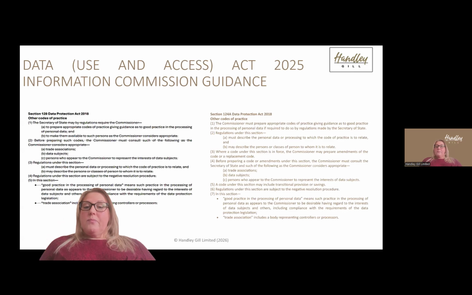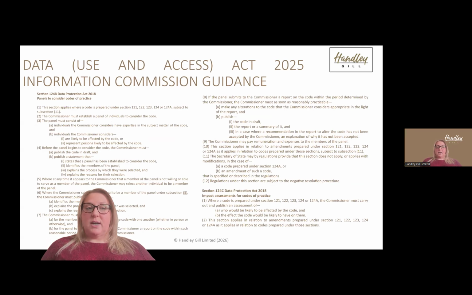Before preparing a code or amendments, the Commissioner must consult both the Secretary of State and such of the following as the Commissioner considers appropriate, being trade associations, data subjects, and persons who appear to the Commissioner to represent the interests of data subjects.